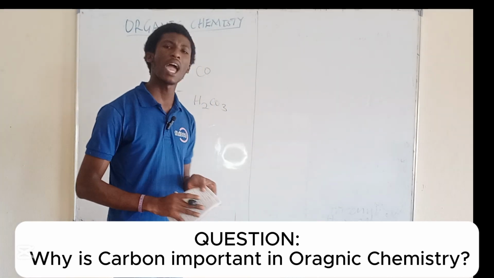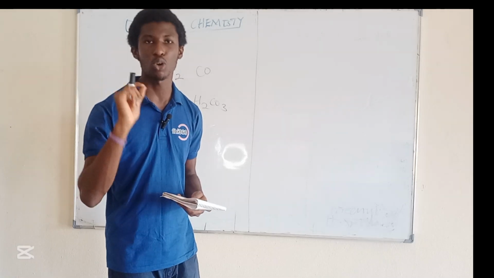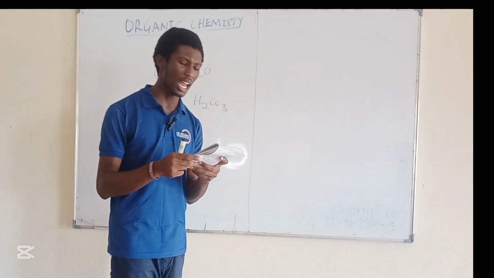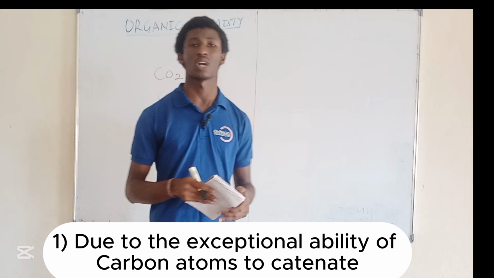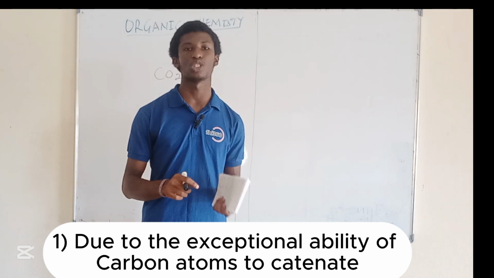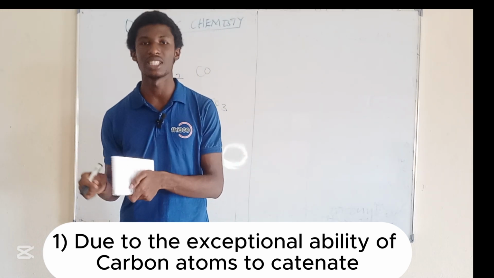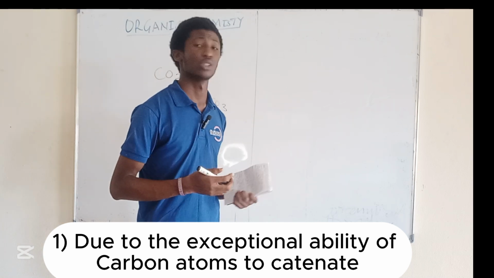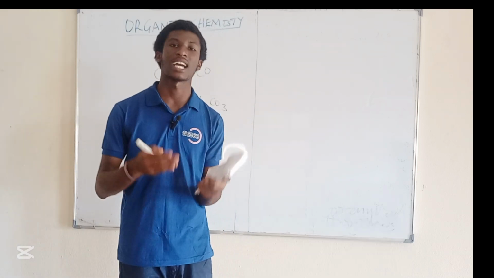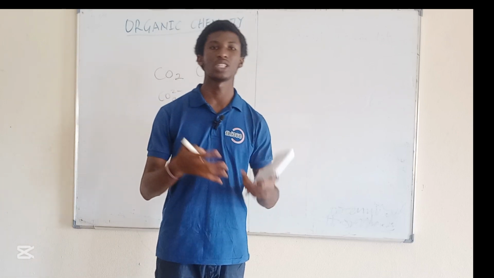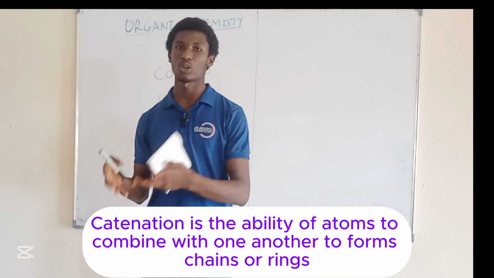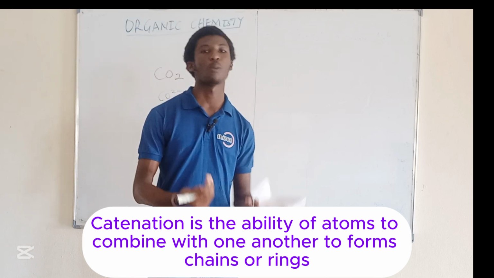The first reason why carbon is important in organic chemistry is the exceptional ability of carbon atoms to catenate. This brings us to the question, what is catenation? Catenation is the ability of atoms to combine with one another. Let us now bring it to carbon.